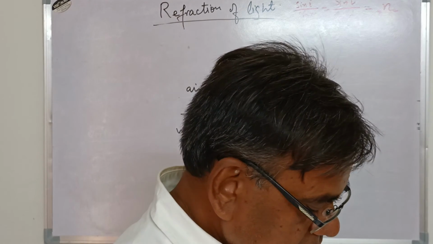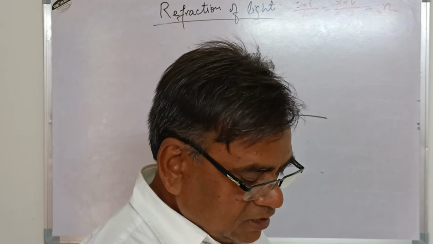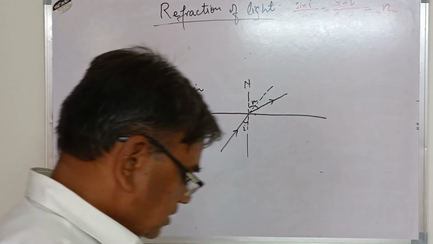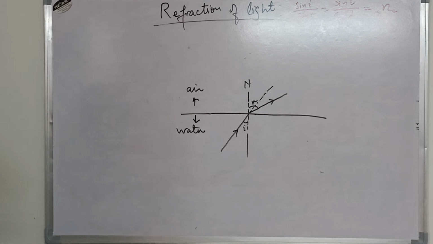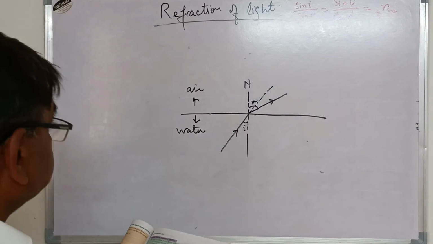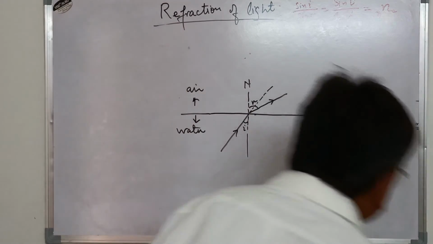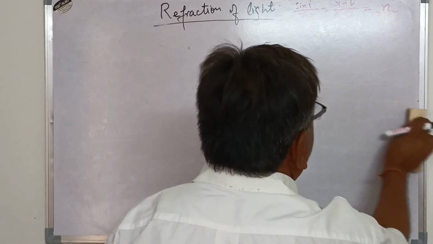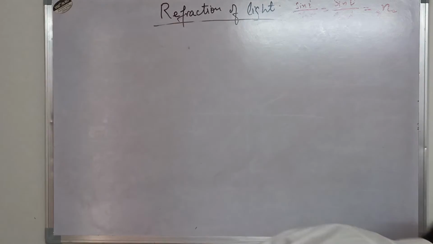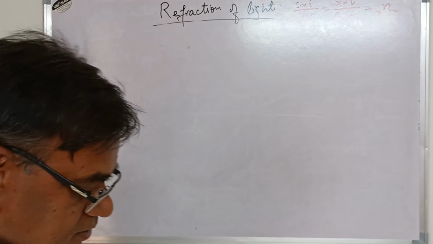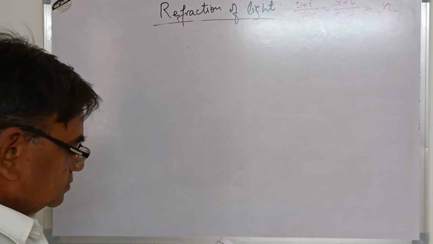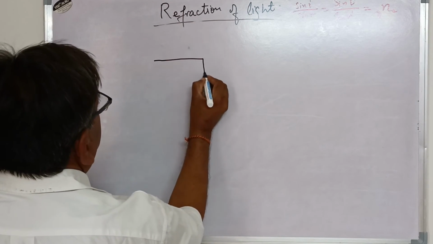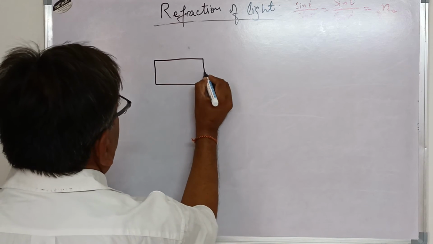Questions of high order. Which of the following diagrams shows the ray of light refracted correctly? There are five diagrams, and we have to tell which is the correct diagram. This is the water pond. The water is filled up.